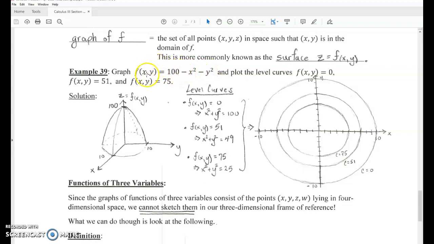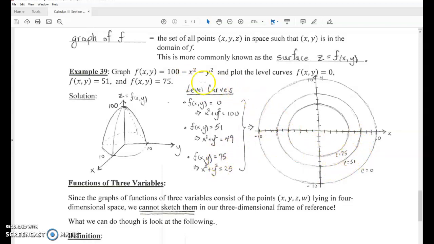So you subtract 100, you get minus 49 equals minus x squared minus y squared. In other words, it's the circle x squared plus y squared equals 49. It's a circle centered at 0, 0, radius of 7. So that's this circle right here. And so that's the level curve of our upside down paraboloid corresponding to the constant c equals 51.